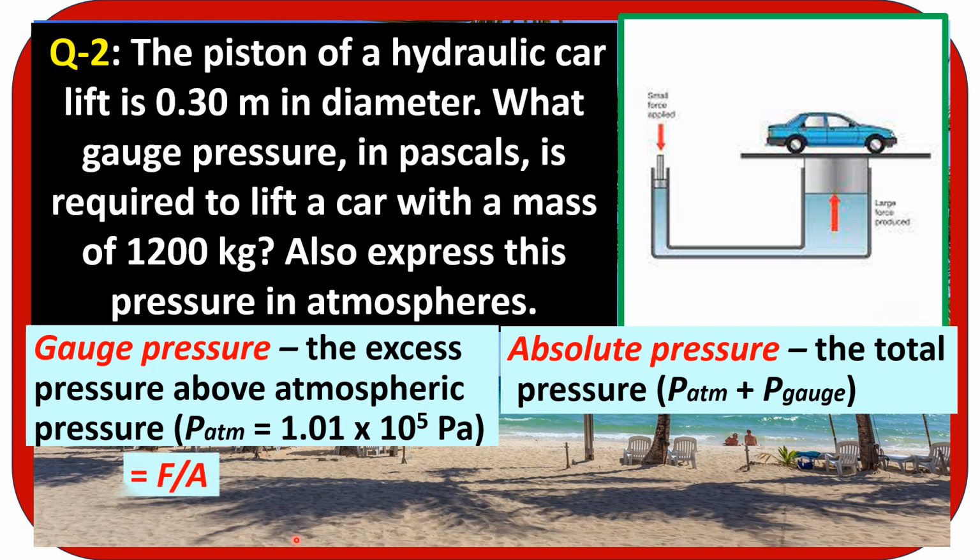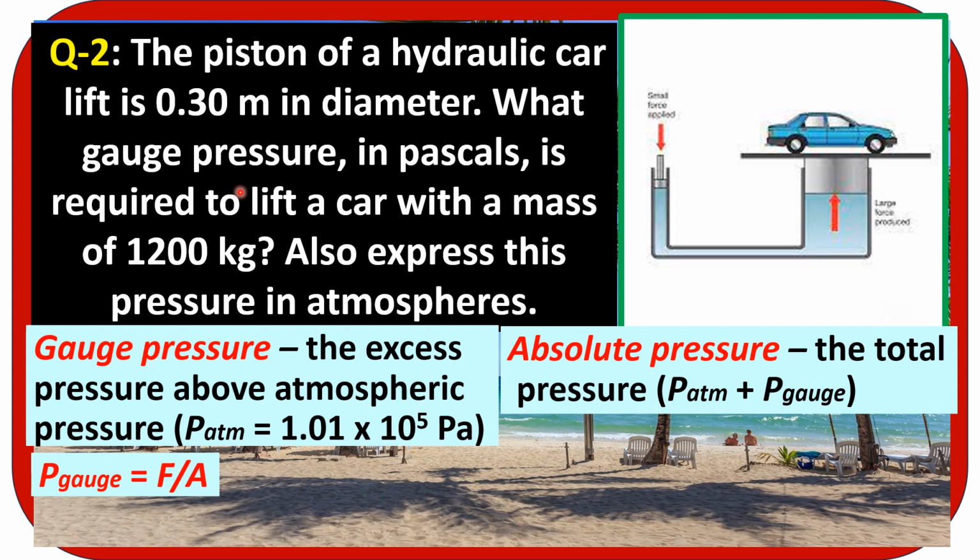So the answer to this question, we can determine the gauge pressure simply by dividing the amount of force F exerted by the big piston. In this case, it is given as the amount of the load or the weight of the car that is going to be lifted by the big piston.